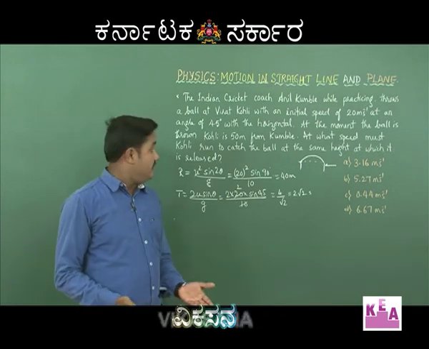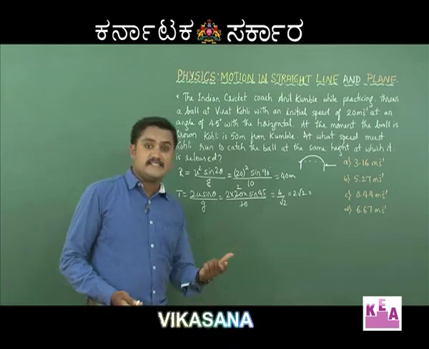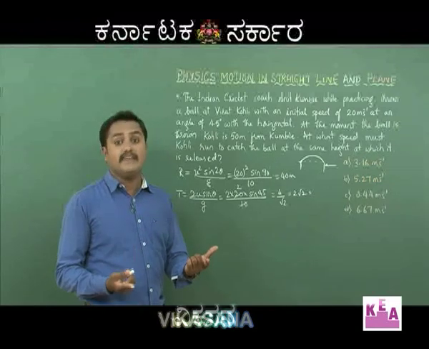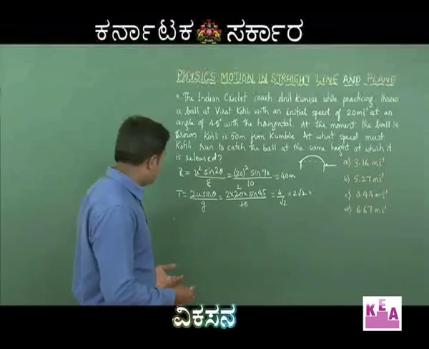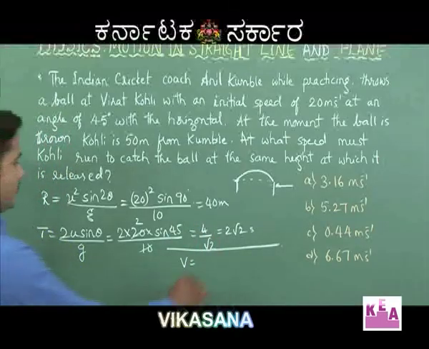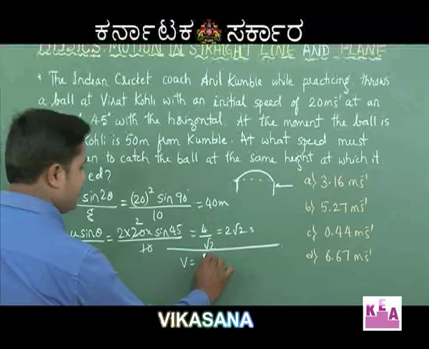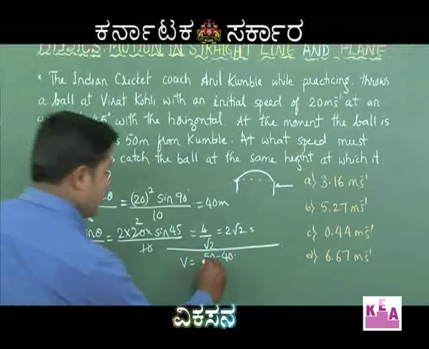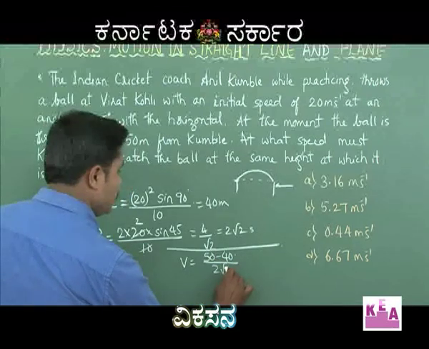So we got the distance to be covered and also the time available. Using these two we can calculate the speed of Kohli. That is, velocity of Kohli is given by distance covered, which is 50 minus 40, I hope this is understood, divided by time, which is 2 root 2.